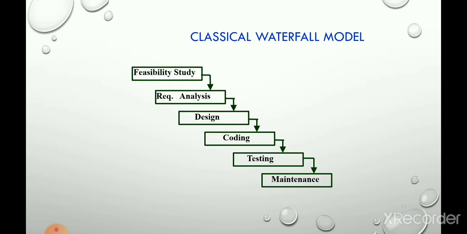If there is any error in the design phase and we recognize it in the testing phase, we cannot go back to rectify it. Okay, we cannot go back to rectify the error. So this model is an idealistic model. We cannot use it in a practical development case.